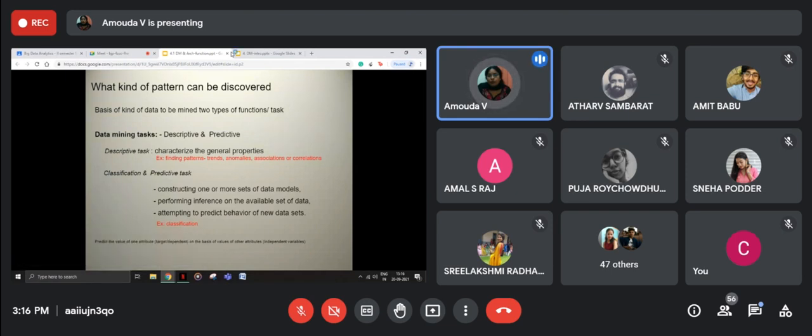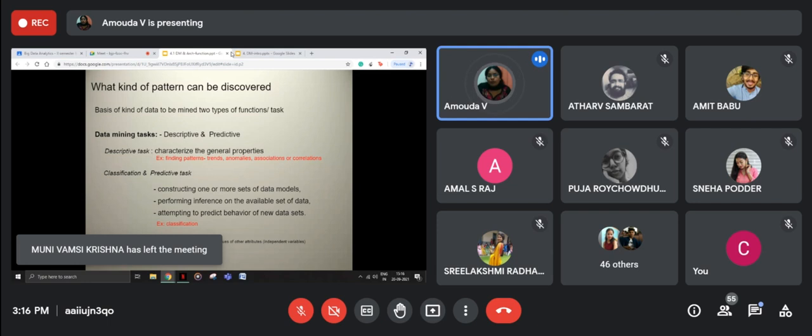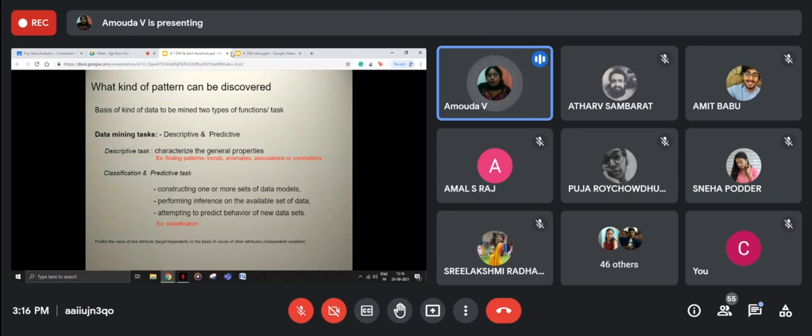From the classification you can also predict things that are not already known, performing inference on the available set of data. New inference can be done on the model. Once you make a model using an algorithm, give the input and get the output. That model should be evaluated also.